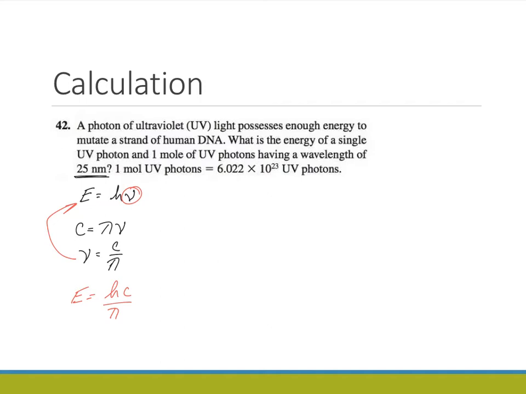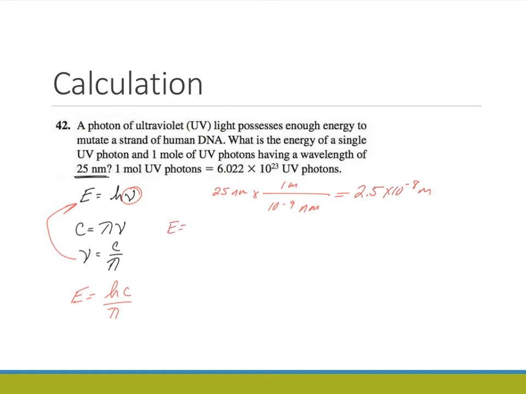All right, so we've got 25 nanometers. 25 nanometers times 1 meter over 10 to the minus 9th nanometers gives us 2.5 times 10 to the minus 8th meters. So I'm going to plug that into my energy equation here.